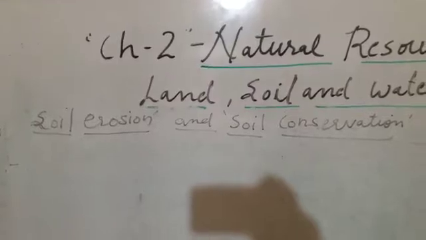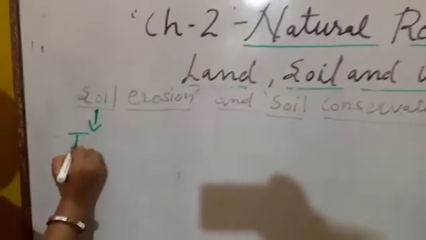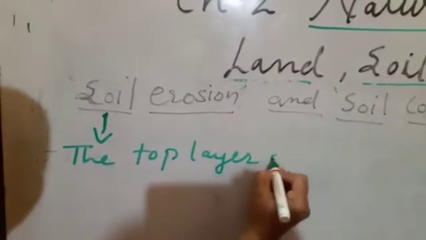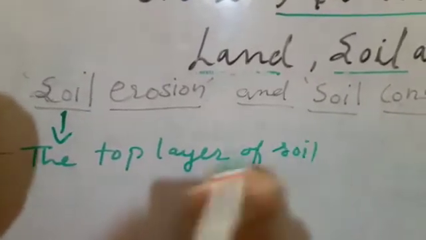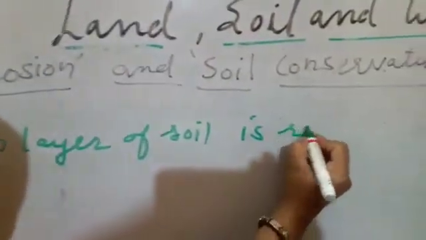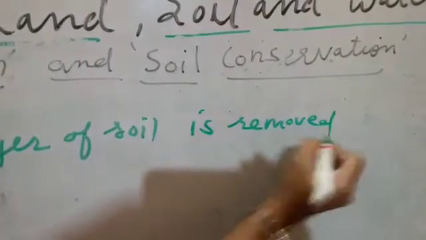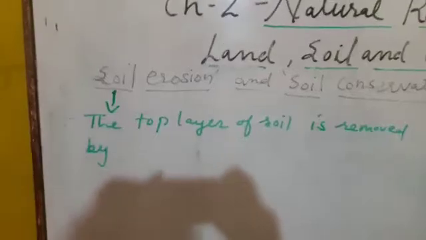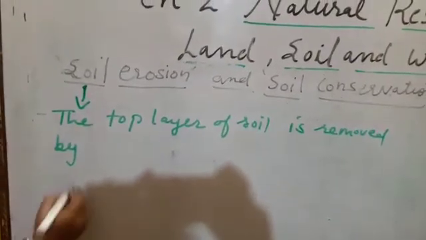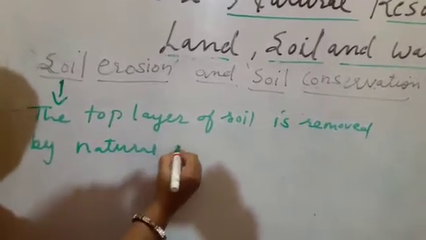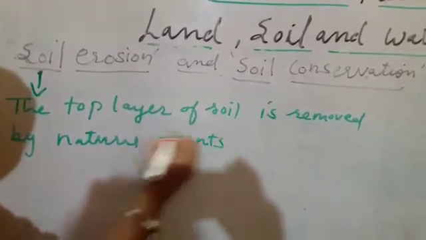Soil erosion means the top layer of soil is removed by natural agents.